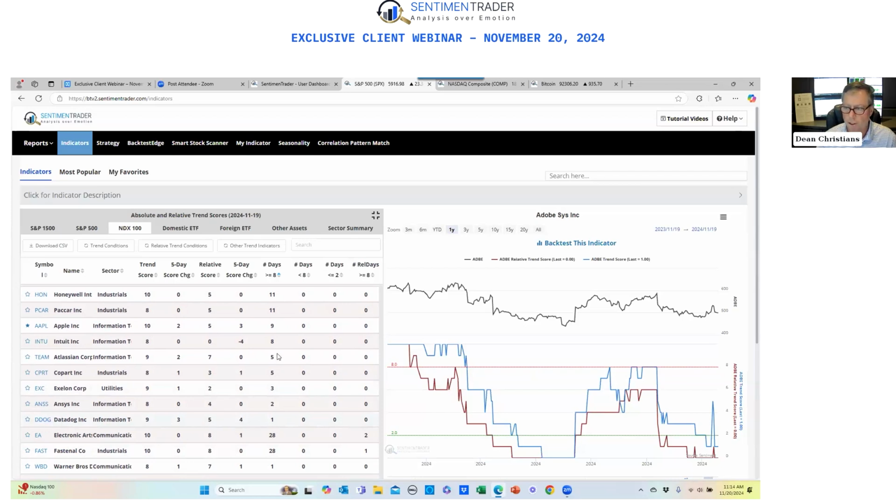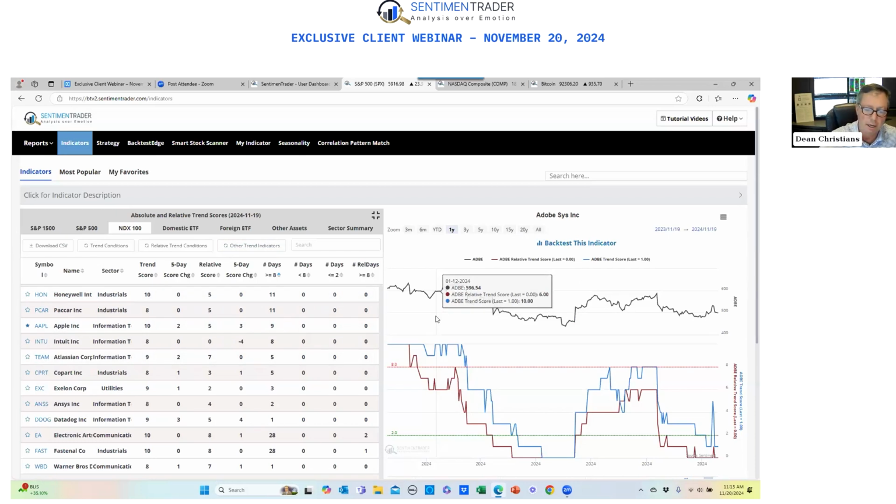So let's just click on Datadog here real quick. What's important with these consecutive counts is it provides you with an idea. A perfect example is PayPal. PayPal had a relative trend score below 8 for 619 days.